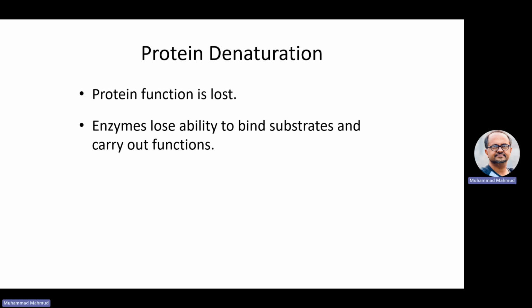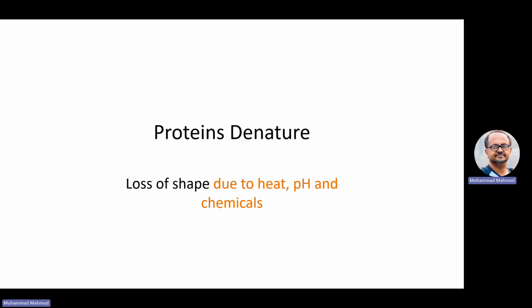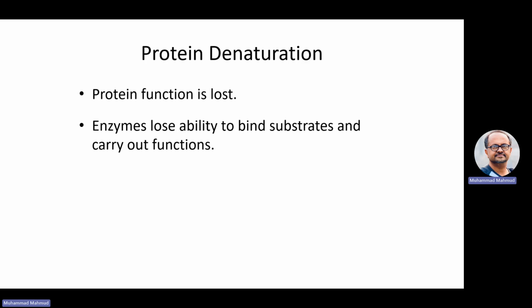You have taken a fresh egg, and the white part is the protein. When we apply heat or the pH is changed or chemicals are applied, that will change. That's how it works with any kind of proteins like fish, meat, egg white, and denaturation will happen.